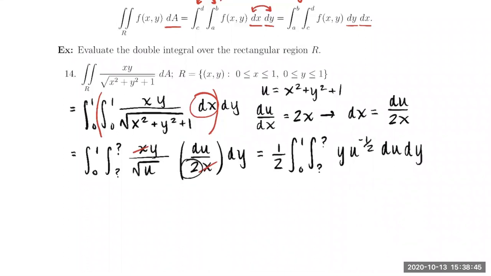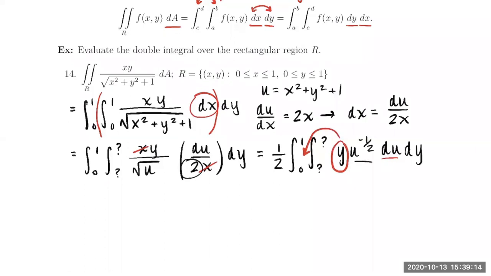Now, if you wanted to, this is optional, you could take this y, and since it's technically constant in the eyes of the integral with respect to u, you could stick it here in between the two integrals. You can't pull it all the way out front because it's not a constant with respect to the integral in terms of y, but in this case, it is a constant in terms of the inner integral. So that is an option that you have.